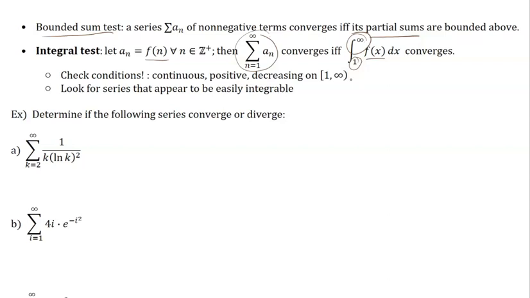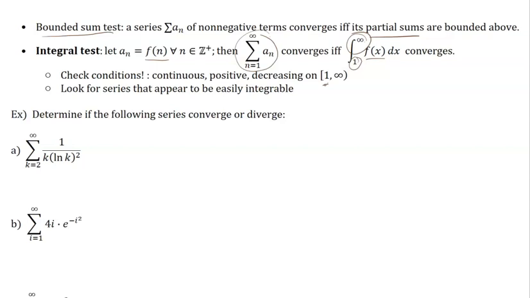After we have determined yes, it's continuous, yes, it is positive, and yes, it is decreasing on the domain all the way to infinity, then we will evaluate the improper integral from 1 to infinity, or whatever the starting point here is, to infinity. And if the limit of the integral converges, then we can say, yes, this series converges, okay?